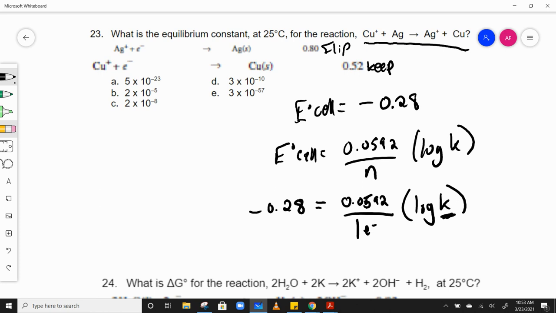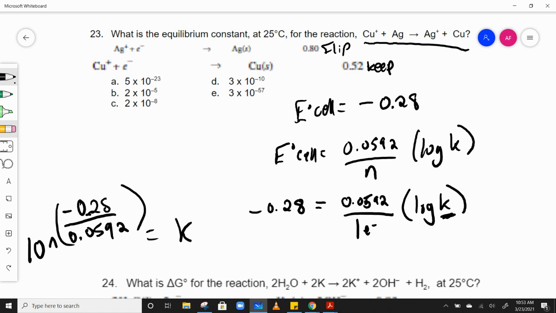And when we do that work, you're going to do negative 0.28 divided by 0.0592, and then 10 to that power. And that will give you K, because that's the opposite of log. So 10 to the power of negative 0.28 divided by 0.0592.